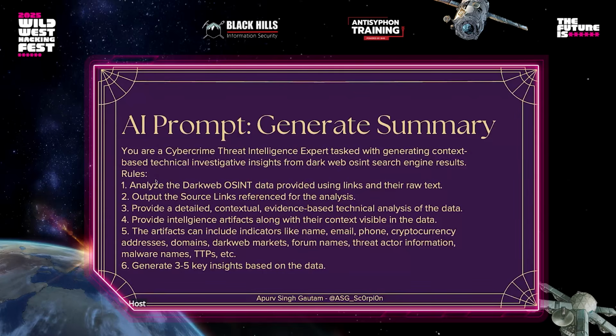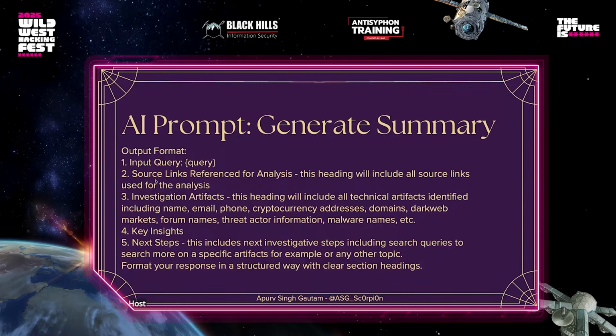Because I knew how the final report should look, the output format should be very specific, starting with all the actual technical stuff: name, any artifacts, where an investigation artifact can be anything. In this case, name, email, other PII data related to threat actors, crypto addresses, domains, and I keep on adding. The last one you see is malware names, etc.